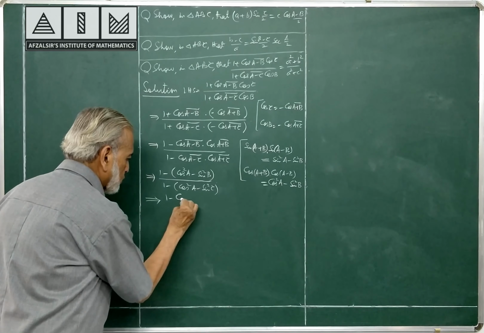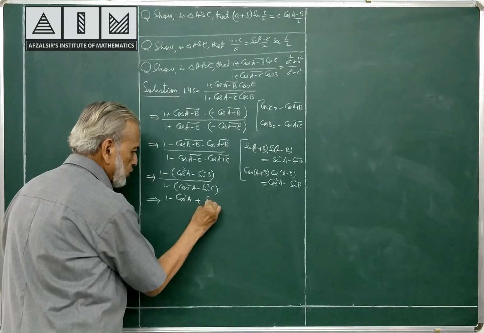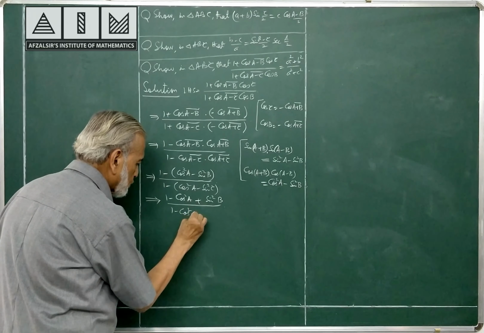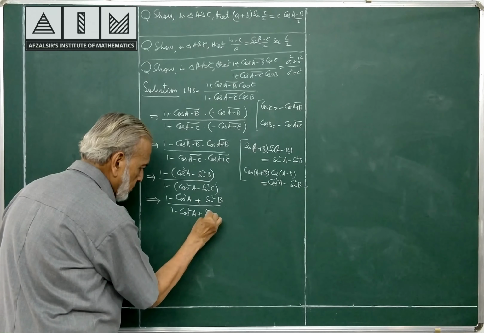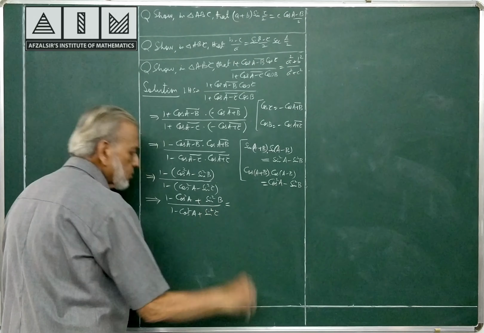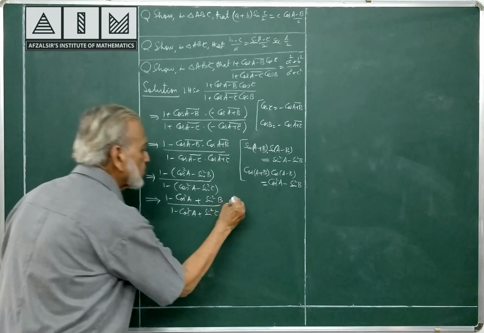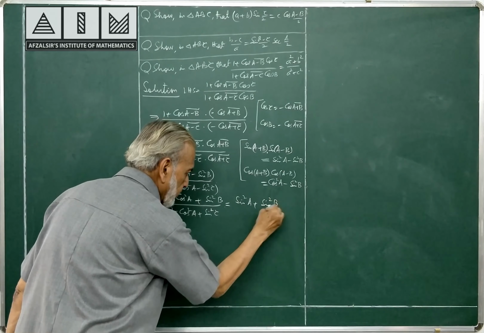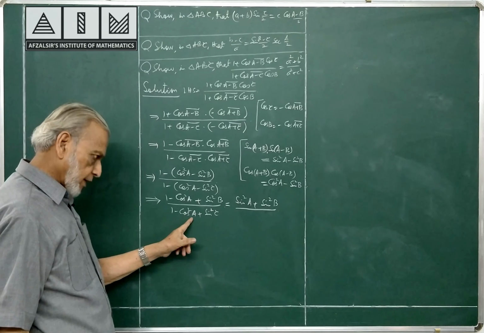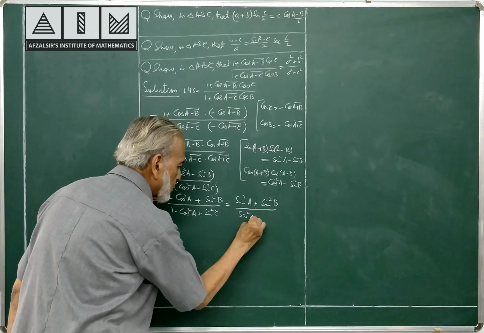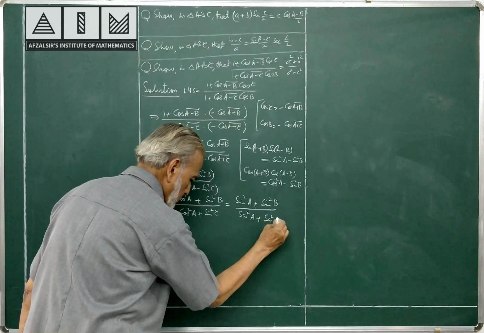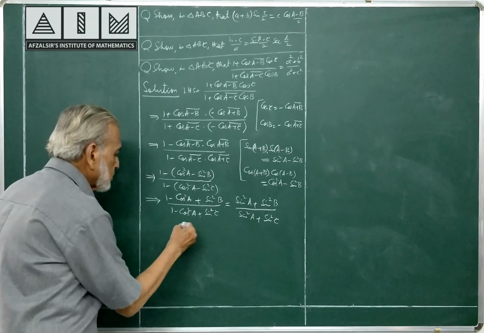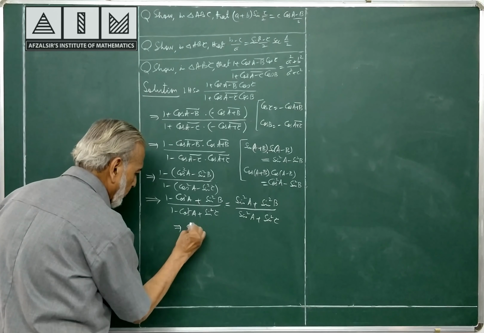Proceed, open the bracket: 1 minus cos square A plus sin square B, over 1 minus cos square A plus sin square C. 1 minus cos square A is sin square A, plus sin square B. 1 minus cos square A again is sin square A, plus sin square C. Sin square A plus sin square B by sin square A plus sin square C, you have already known, by the proportionality property, is a square plus b square by a square plus c square.